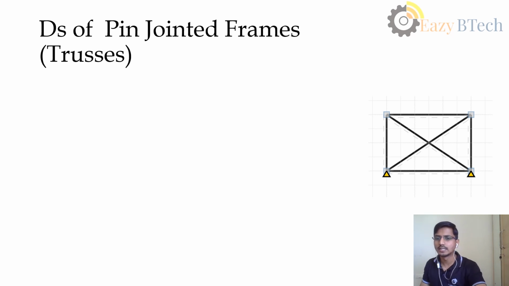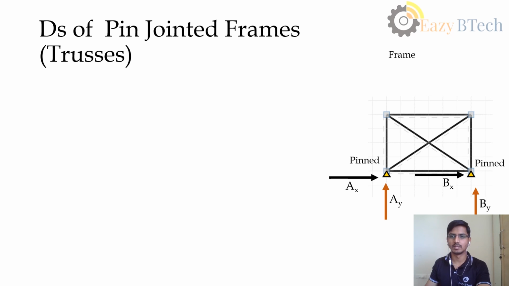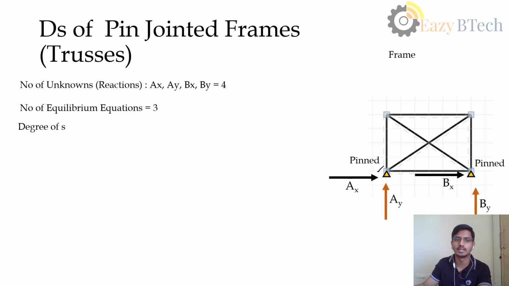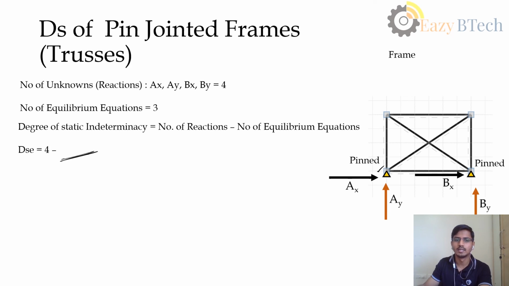So let us see another truss. This is a statically indeterminate truss. At the pin end we have 2 reactions. So here also it is a pin end. Externally it is statically indeterminate, as well as internally. So it is statically indeterminate to 1 externally, and internally it is indeterminate to 1. Now what about the kinematic indeterminacy?